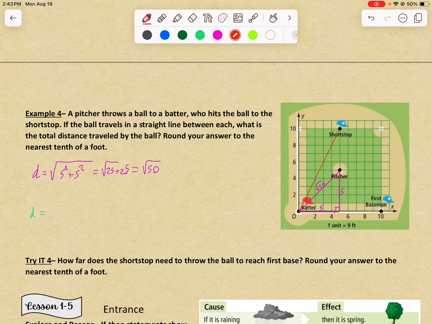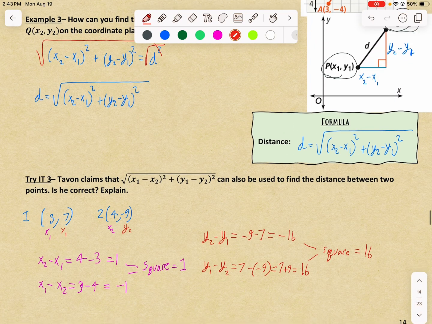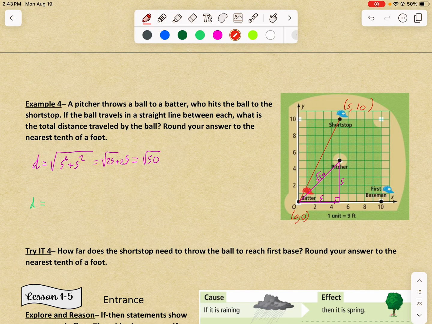Now, you can use the system that I just did, or you could just look at the coordinates. And the coordinates here are 5, 10. And the coordinates of the batter are 0, 0. So you could just use the coordinates and the distance formula. Or you could go ahead and draw the figure and make the Pythagorean theorem like I did. Go ahead and try to find the distance between the batter and the shortstop.